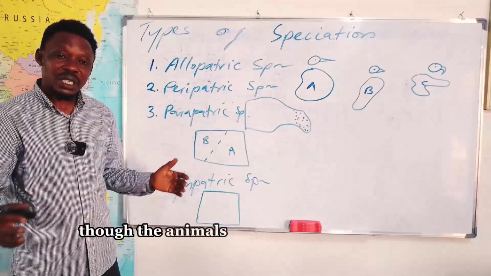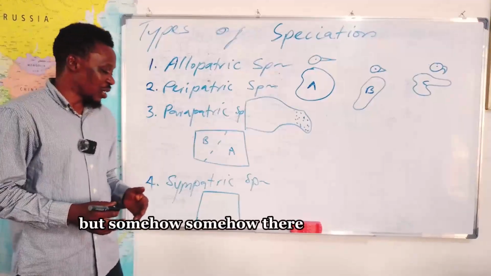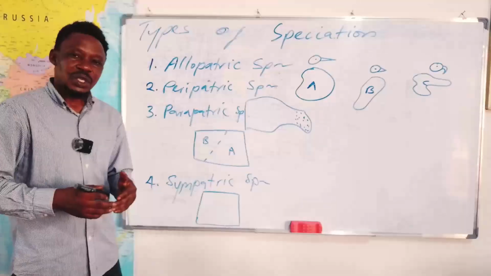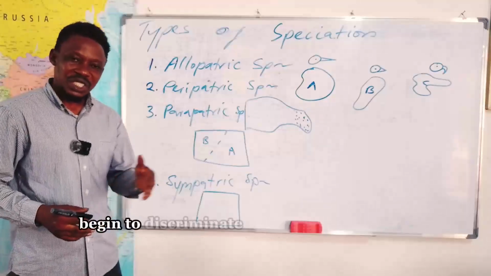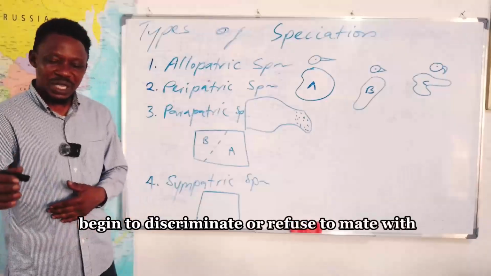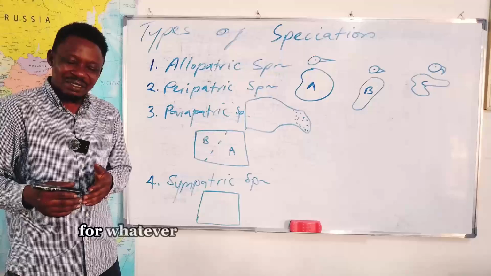Though the animals are mixing together, somehow, some certain group reproductively begin to isolate themselves, begin to discriminate or refuse to mate with the others and prefer their own kind for whatever reason.